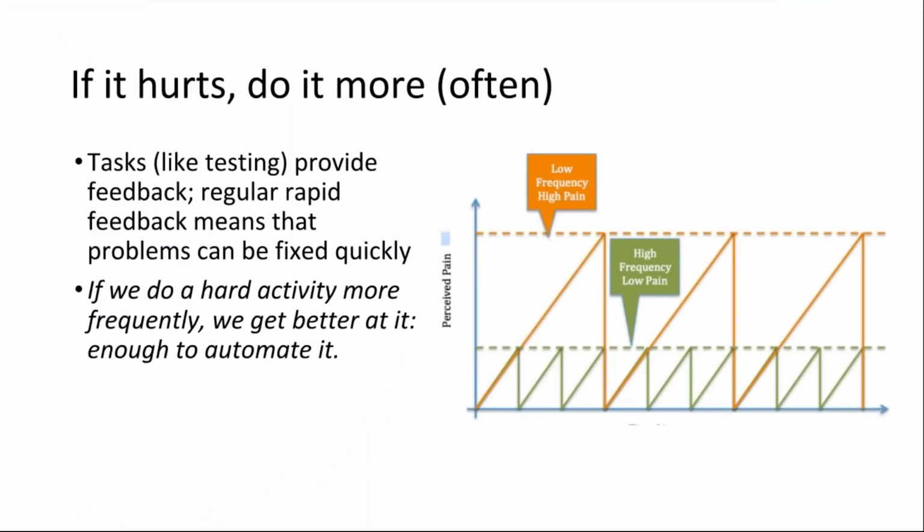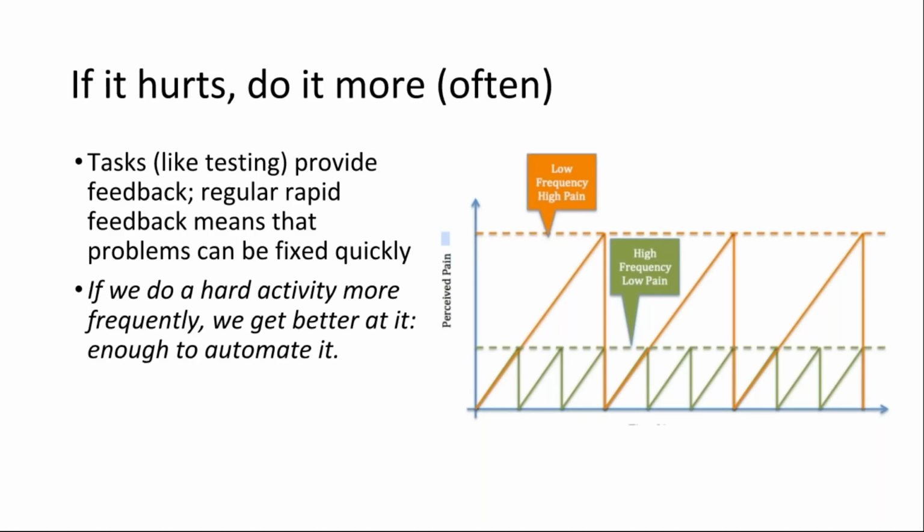So one of the things that is the basis of continuous delivery in the first place is this kind of mantra that if you have a partially automated process, the parts that hurt the most are the parts that you should work at and focus on most closely, because they might be slow, time-consuming, unreliable.